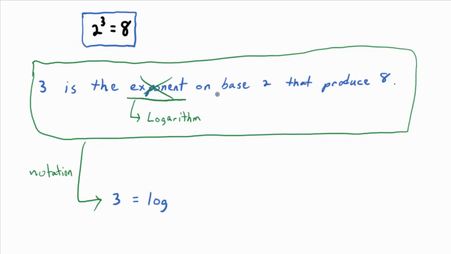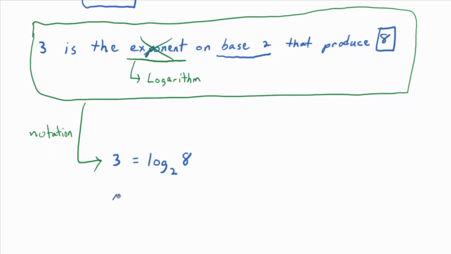Instead of saying on base 2, let's just make the base 2 a subscript: log subscript 2, log base 2. That produces 8. Well, the only important thing in there is 8. So let's just drop all the rest and say 8. So the shorthand way of saying that would be 3 equals log base 2 of 8.